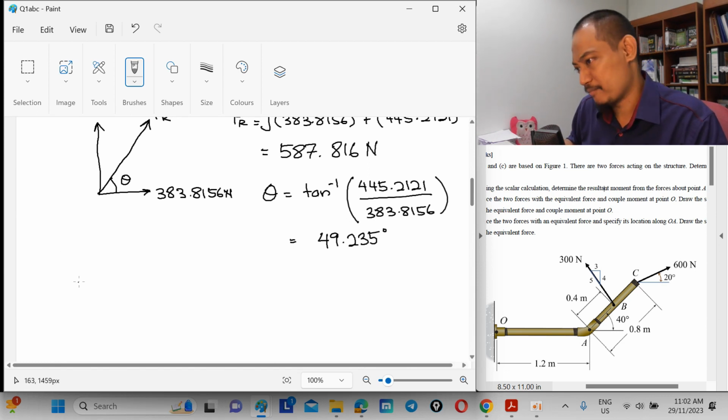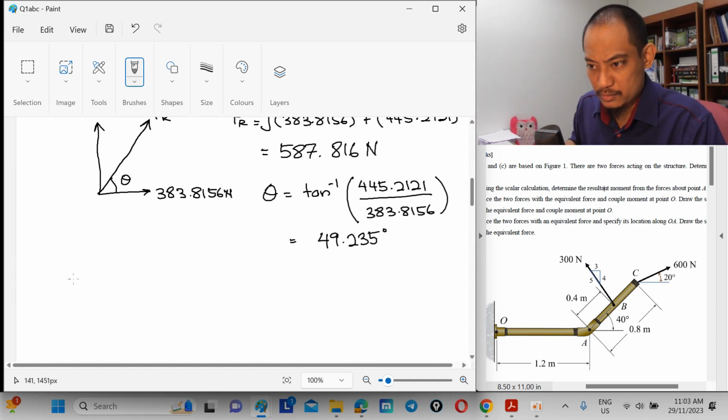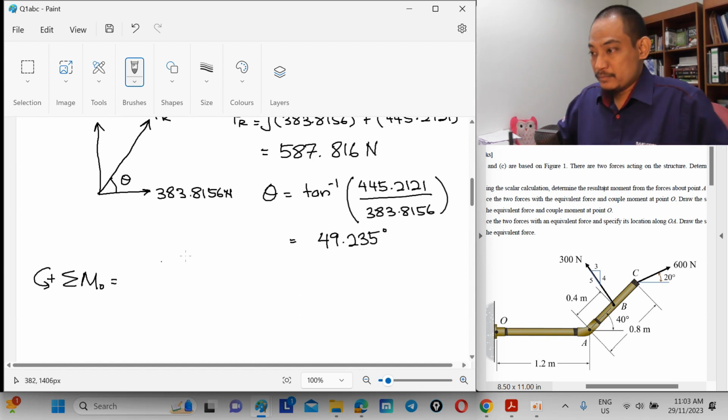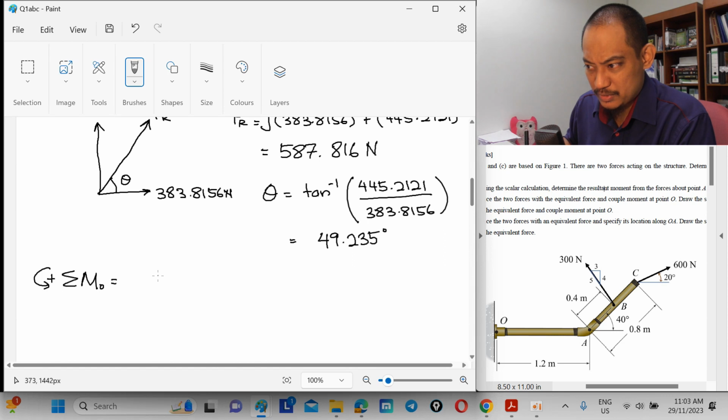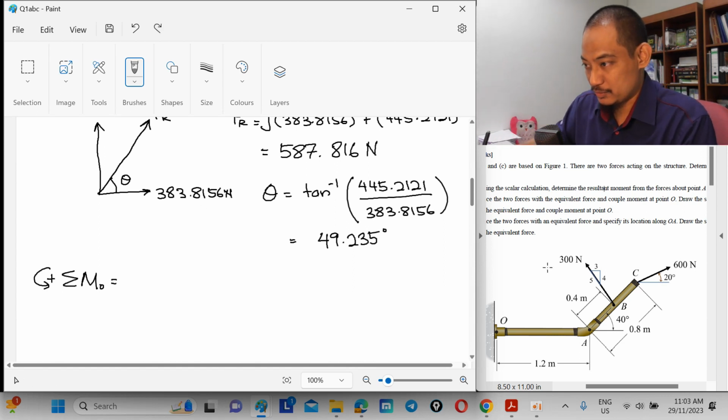Because it's further, right? And we have more counterclockwise, right? So let's see. Summation of moment about point O. Let's say counterclockwise as positive. Let's start with the 300 first.